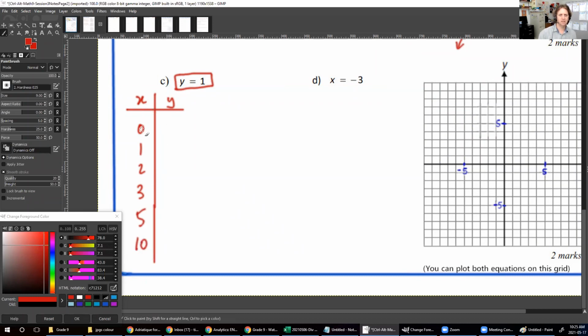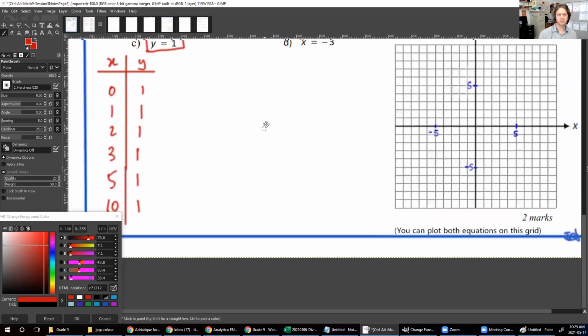So when x is 0, well, y is equal to 1. Okay. When x is 1, doesn't really affect it. Y is still 1. When x is 2, y is still 1. It doesn't matter what x is. Y is always 1.